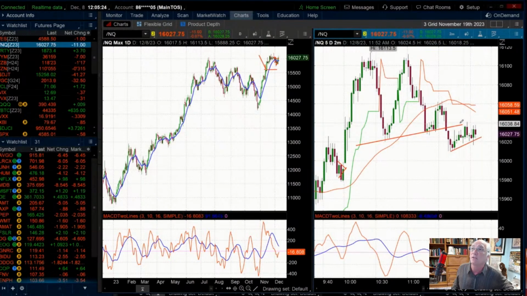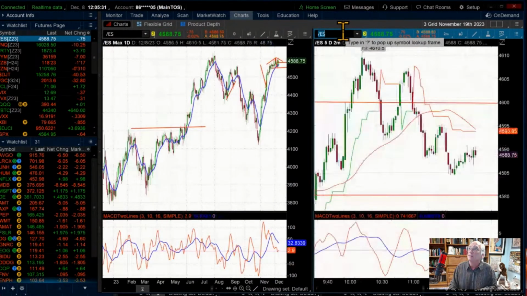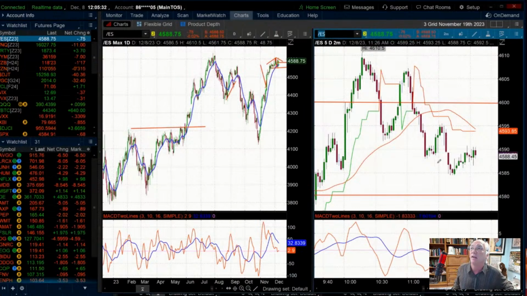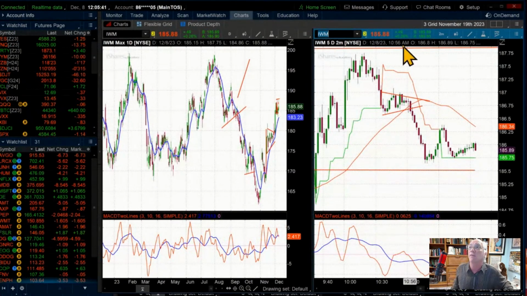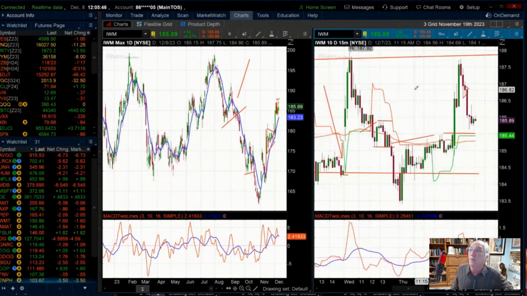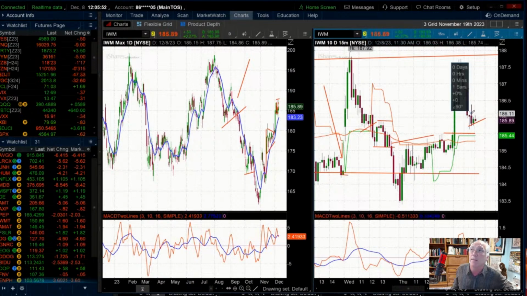The only difference this time is it's oversold. But you got that. How about the ES? There's a bear flag. How about the IWM? Yep, there's a bear flag. I like IWM better. The reason I like IWM better is it has an air hole all the way to here. It's not a great risk reward, but it's not bad.